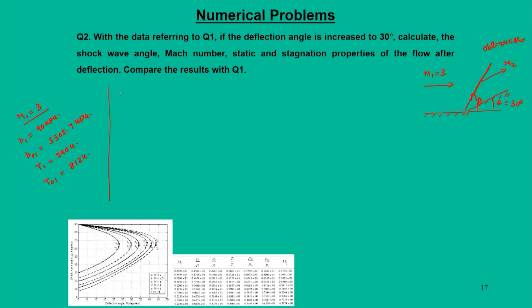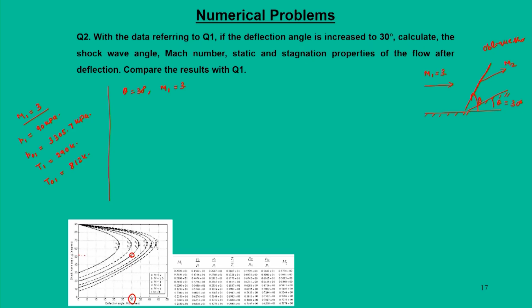So, with this data, theta is 30 degree and M1 is equal to 3, that is you have to go along this curve C, and the weak shock solution stops here.